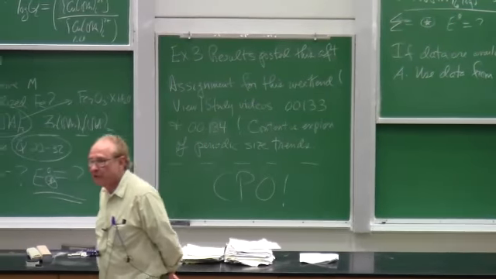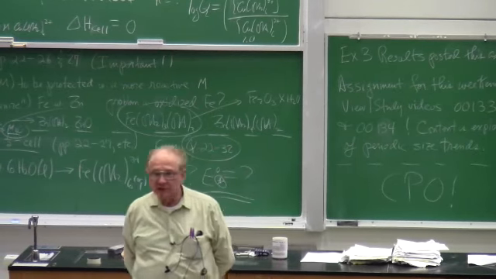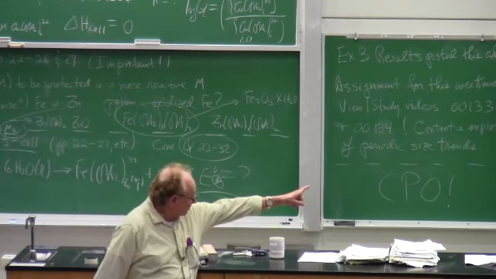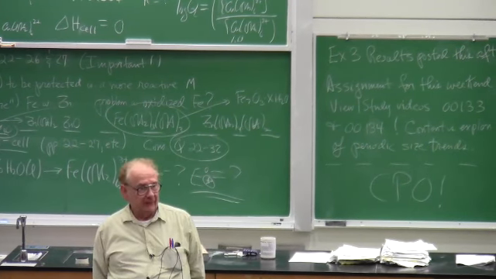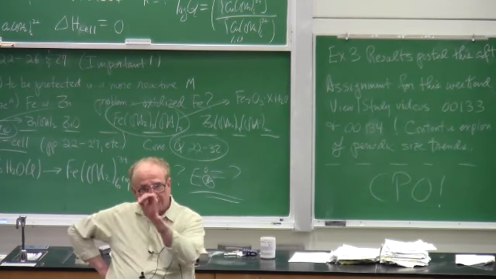So what my charge is to you, to get us finished with chapter 22, is to calculate, using table 1 data, E0 for these half reactions.